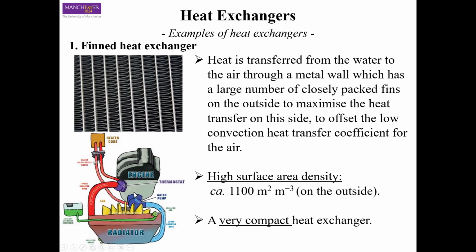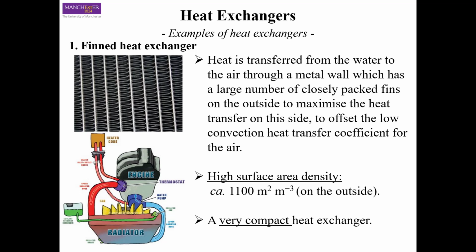And here, for example, is how they work in the car. Here you have the engine where the gasoline or fuel is burning and producing a lot of heat. We want to keep the temperature of this engine under control, so we provide it cooling water. This cooling water goes to the engine and heats up, and then it comes back to the radiator where the heat is dissipated to the environment, to the air, and the water cools down.